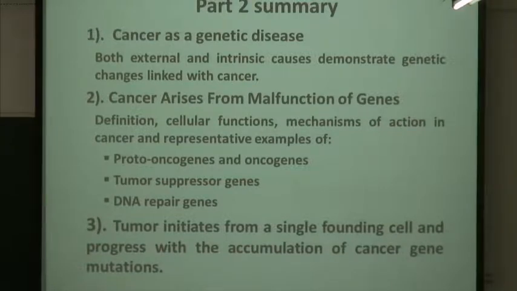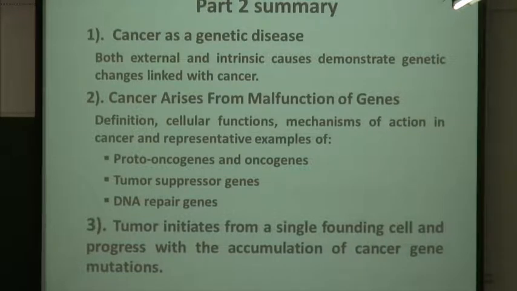And then I introduced you to the 3 main types of cancer genes, including oncogenes, tumor suppressor genes, and DNA repair genes. Sometimes people classify the third category into the second category because they have a similar way of inactivation. Both of them need to be inactivated to really promote tumors.